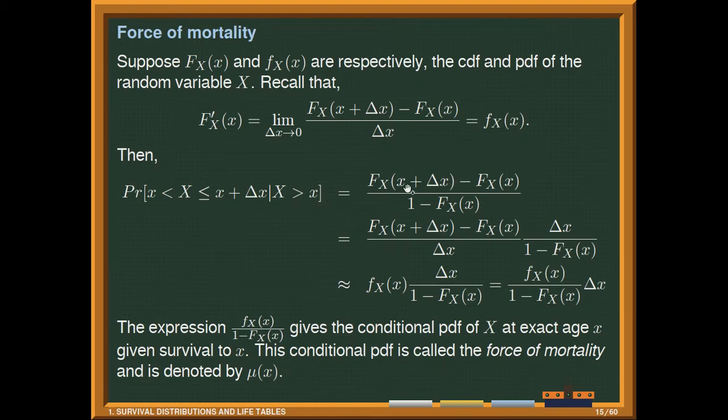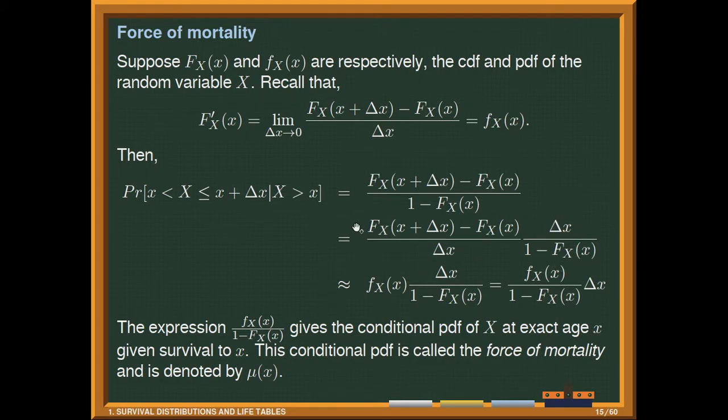From the discussion earlier, this is equal to this expression: the CDF of x evaluated at x plus delta x minus the CDF of x evaluated at small x, all over 1 minus the CDF of x evaluated at small x. But then we can rewrite it this way: we multiplied the numerator and denominator by delta x and wrote it this way.